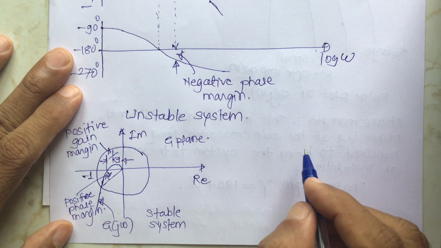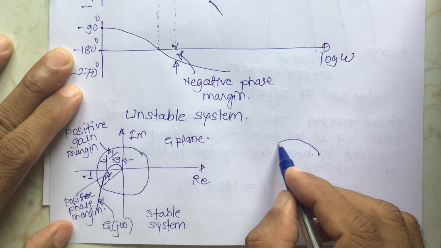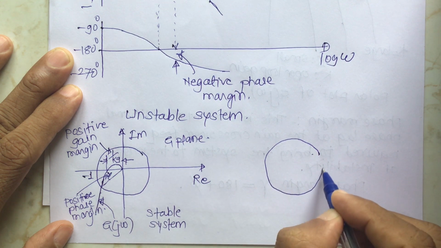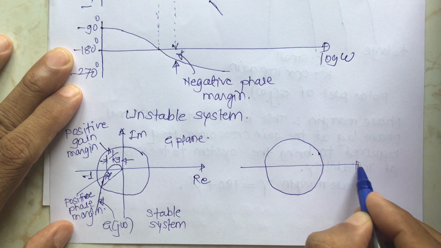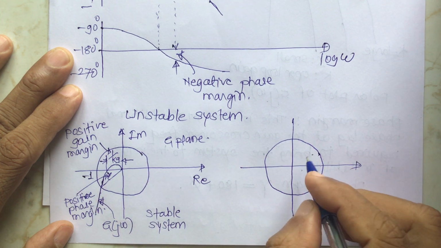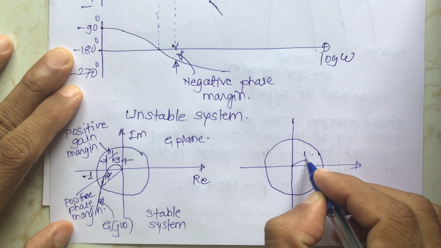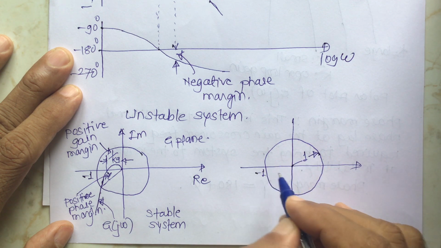When your system is unstable, the plot will be like this. So this is the unit circle, this magnitude is of unit, and this is the -1 point.